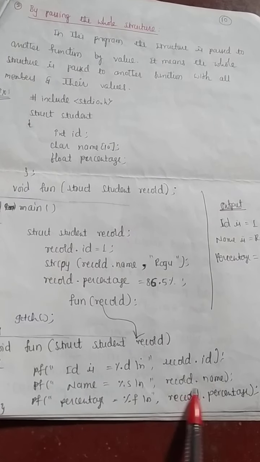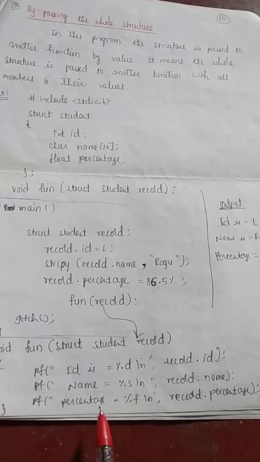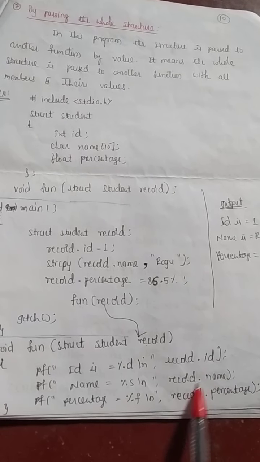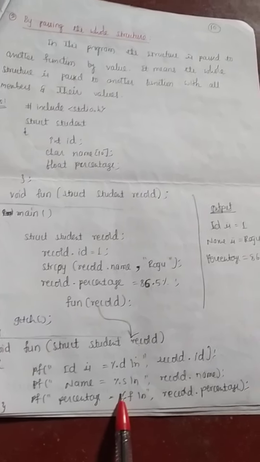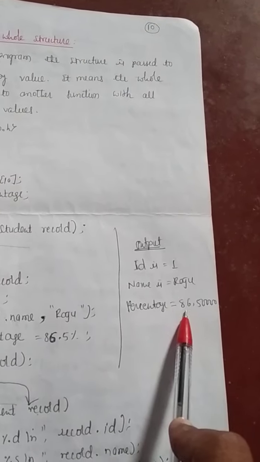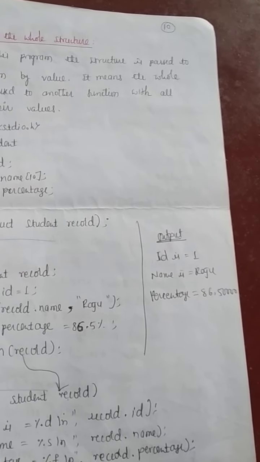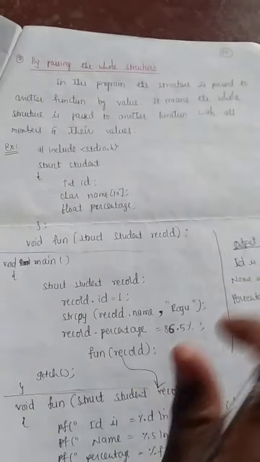Whatever is stored in record.name, Raju, is going to print here. Then percentage is equal to %f, record.percentage. Whatever value is stored in record.percentage will print here. You can see the output like this: id is equal to 1, name is equal to Raju, and percentage equal to 86.50. So this is passing the whole structure.